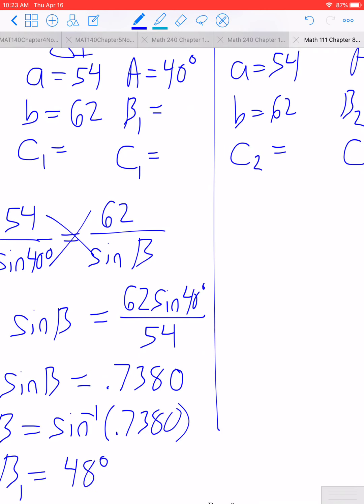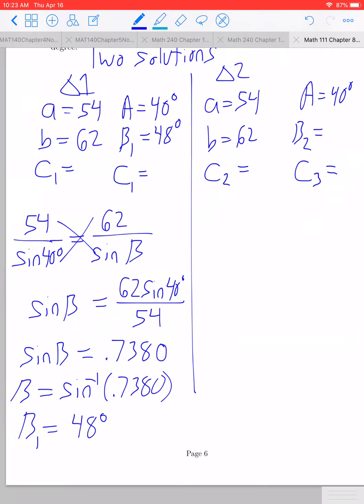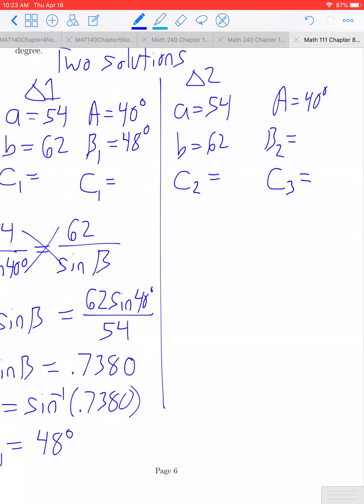So let's call that B1. It's also possible, coming over here, that we could have created a second angle, B2, that would be an obtuse triangle, where angle B2 could instead be 180 degrees minus that 48 degrees, which would be 132.